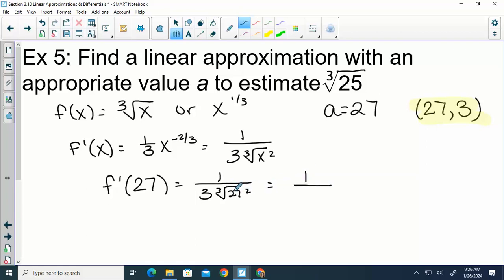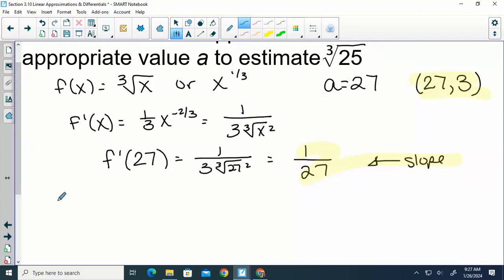Cube root of 27 is 3. 3 squared is 9 times 3, 27. There's our slope. So y equals mx plus b.